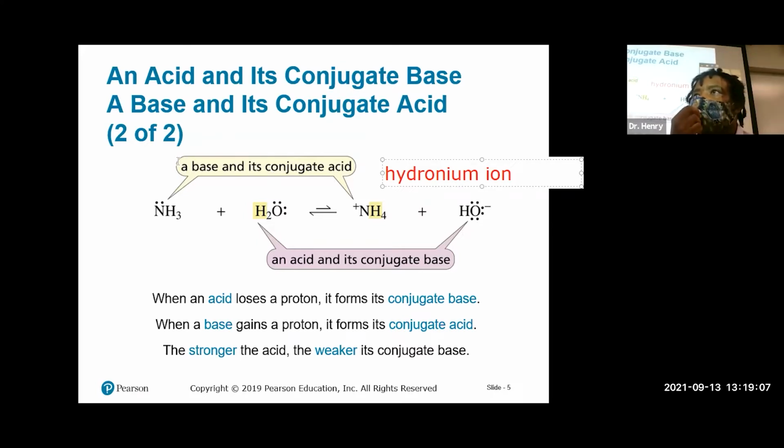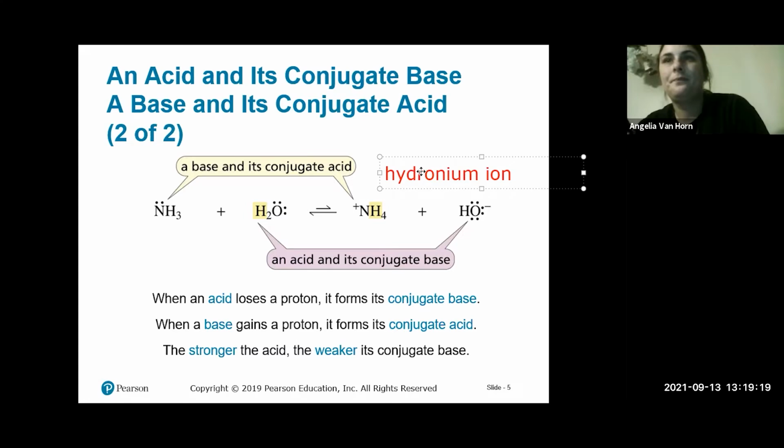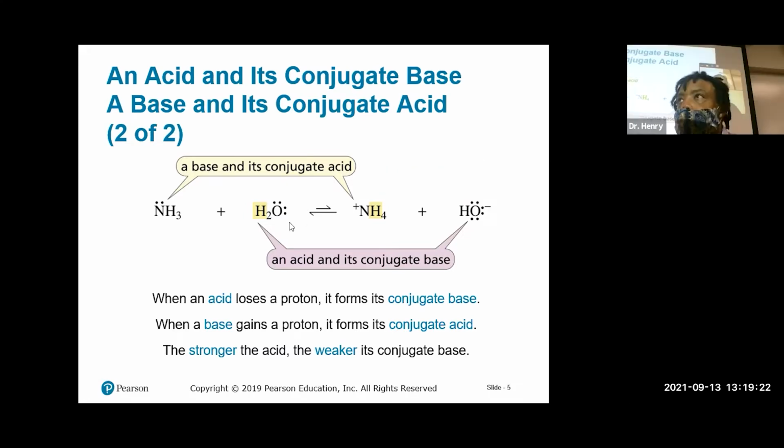So in this case, we're removing one H plus. Then that H plus forms, what is this ion called? Ammonium. Although my plus is in the wrong spot. So it's the ammonium ion. You guys remember that from the polyatomic ion table.